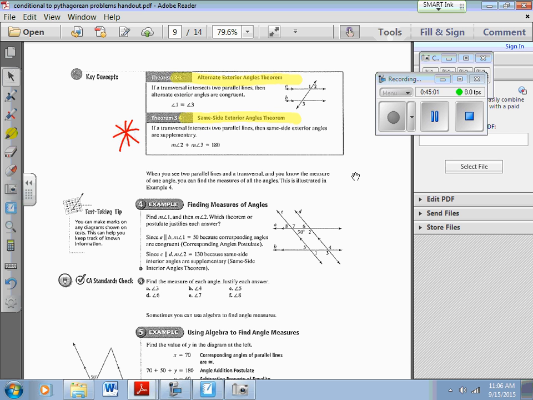Remember when we were doing the conditional statements and I said when you use if and only if, it's because it's true forward and backwards. If two lines are parallel and they're cut by a transversal, alternate exterior angles will always be equal to each other. And same side exterior angles add up to 180.